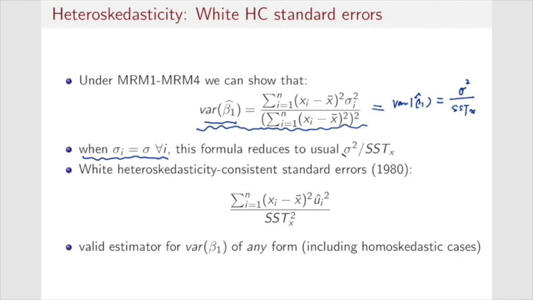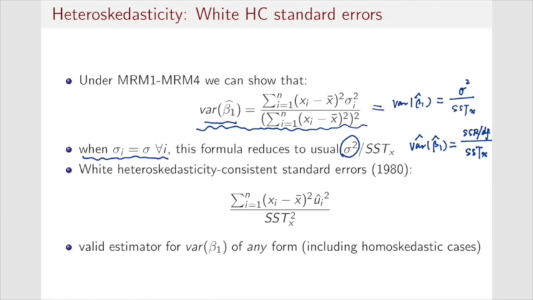Recall that this sigma square is often unknown for the population model, so we often use the residuals to estimate it, which we call sigma hat square. The estimated variance of beta 1 hat is equal to SSR divided by the degrees of freedom, divided by the SST of x.